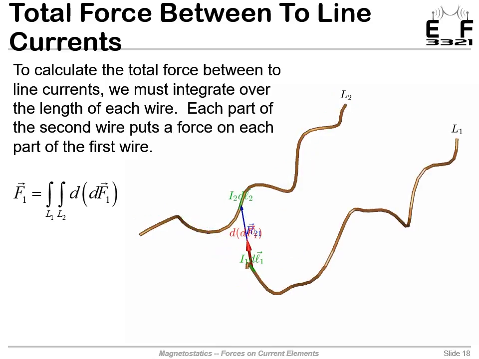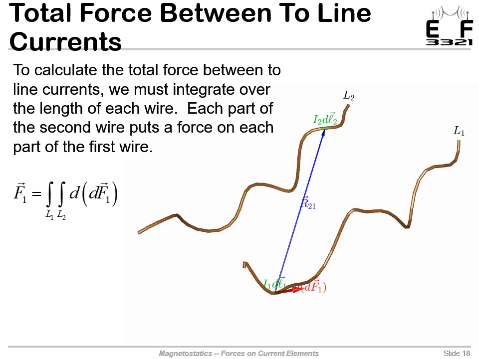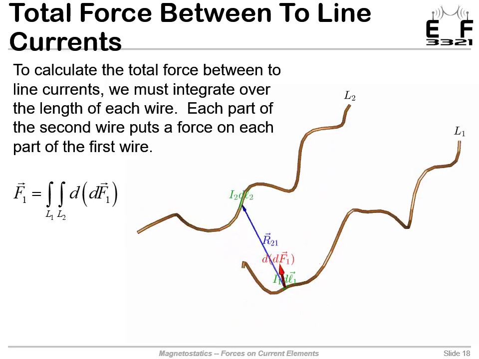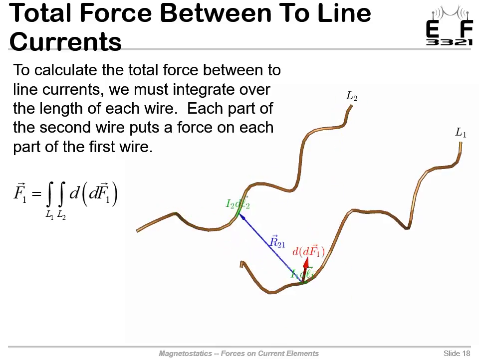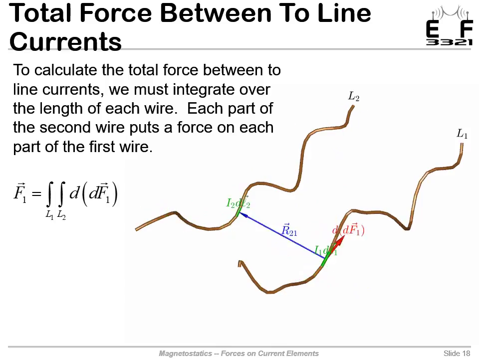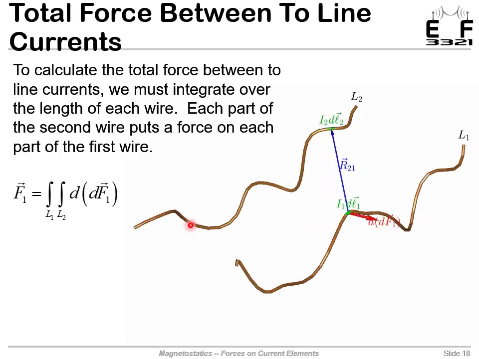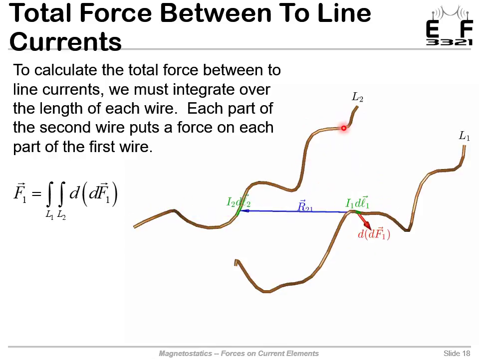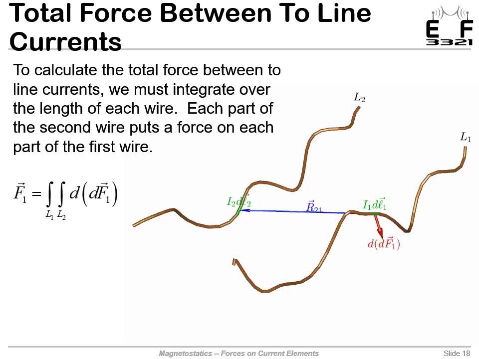So here's an animation of this double integration that we have to do to calculate the force between the line currents. So we imagine L2, this wire L2, puts out a magnetic field that induces a force on the first current element. However, they're twisted, bent pieces of wire. So the way we really think about this is looking at a specific line current on L1, we integrate that against all of the differential line currents on L2 because each one of those puts a slightly different force on that current element in L1.